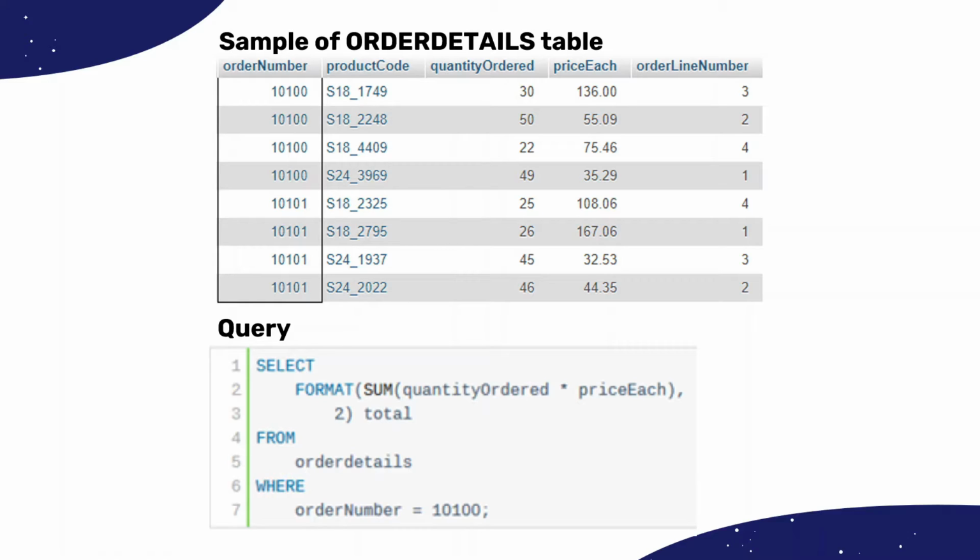And then from order details is the table name, and where order number is 10,100. This is the order number. So the syntax is used to get the total price from the order details table where the order number is 10,100.